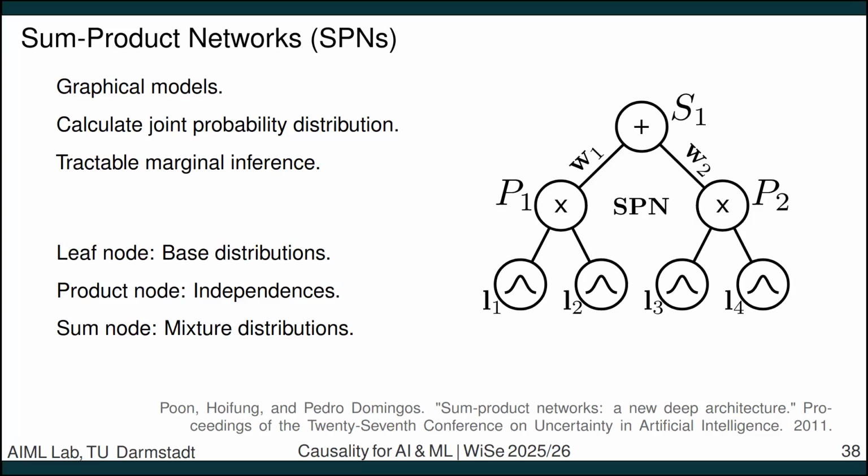Same for L1 and L2. But then the scope of P1 is the set AB. The same is true for P2. It has the scope of AB because those are the variables from the leaf nodes. And a sum node is only valid if P1 and P2 have the same scope, so to say.